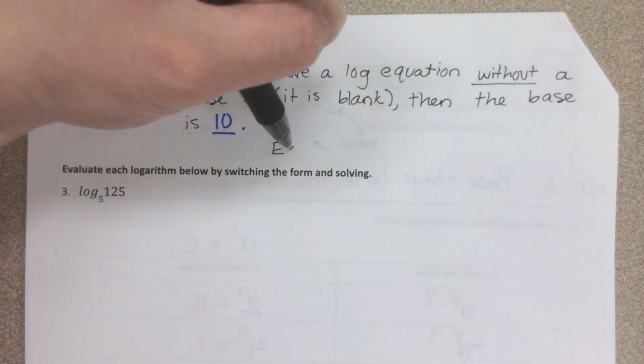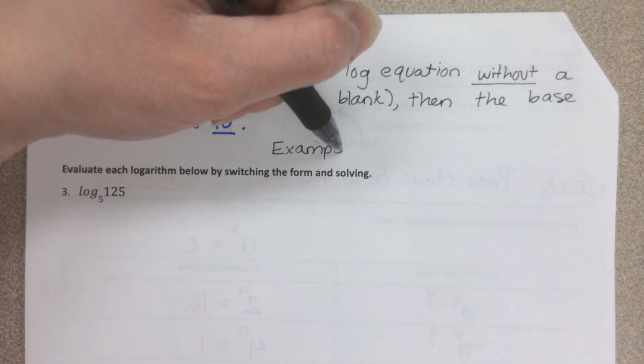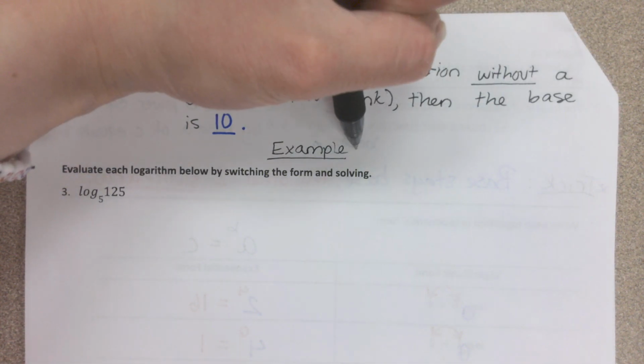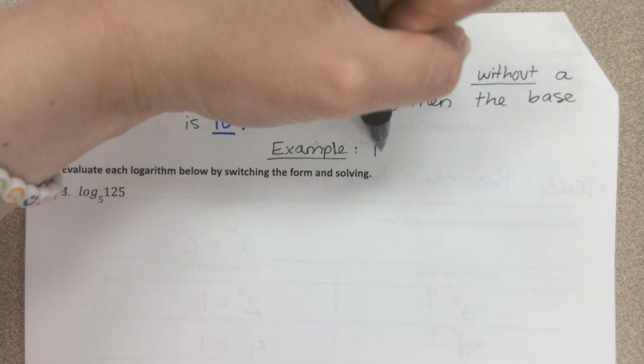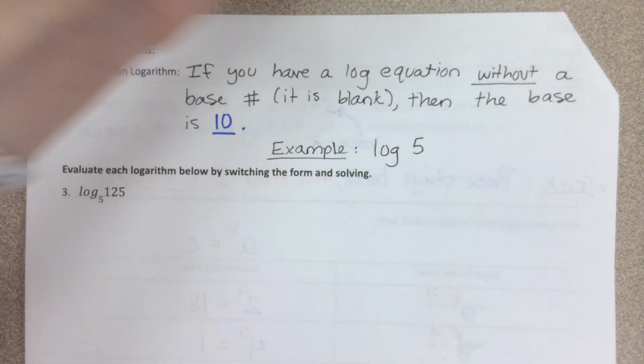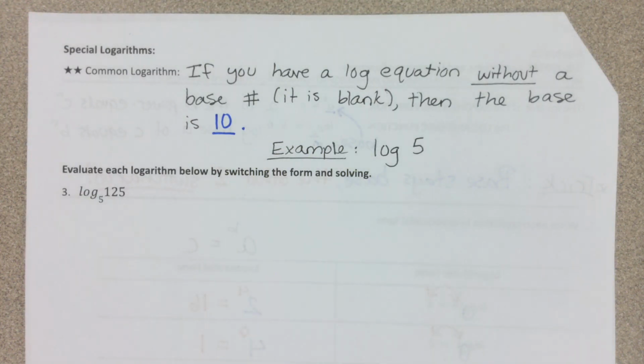I'll do a quick example just to demonstrate what this would look like. Let's say your problem is log of 5. Without being shown anything, a lot of students look at that and either assume the base is 0 or 1.